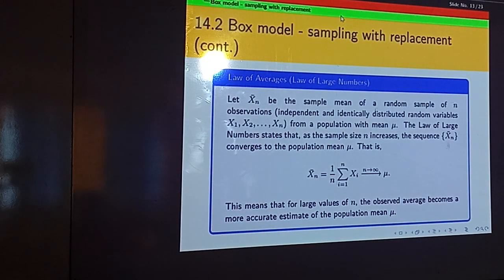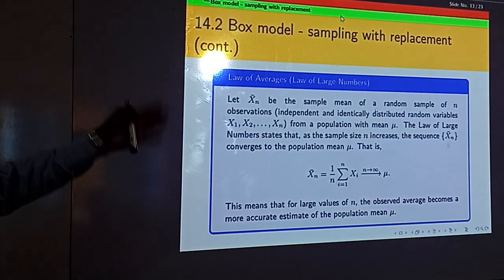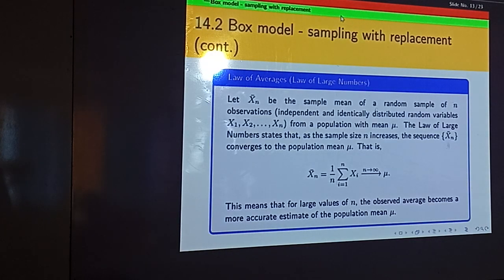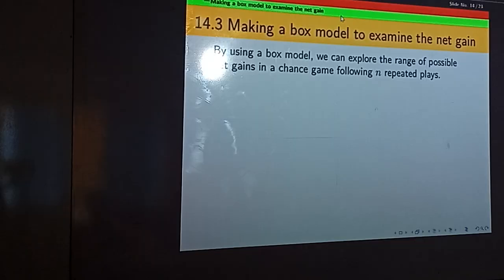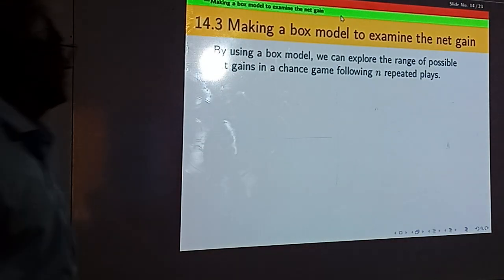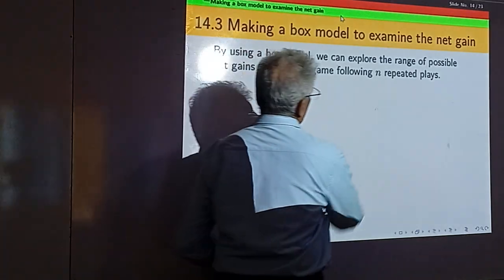Right? So that's why we said whenever you are estimating something, take a sample as large as possible, then according to this theorem, it will be more accurate, right? On average, of course, right? Okay, so that is one part in the book, law of large numbers.